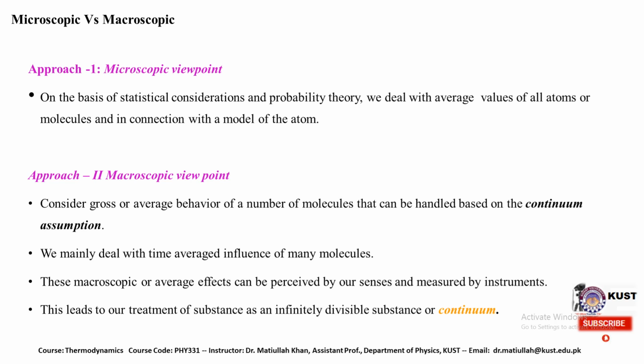In the microscopic viewpoint, on the basis of statistical consideration and probability theory, we deal with the average values of all atoms or molecules, in connection with the model of the atom. That is the statistical approach, and it is called the microscopic approach as well.